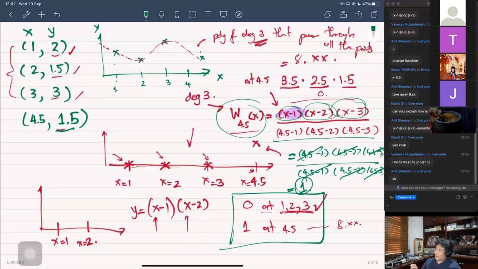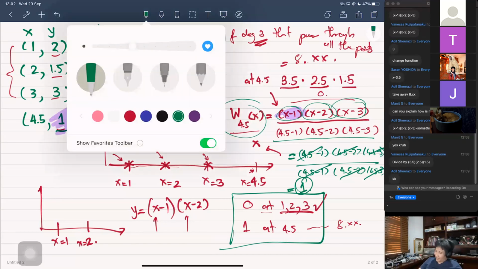Any questions? Okay. If not, let's make the problem a little bit harder. What we want is not exactly 1 at 4.5. That's why I changed it. What we want is 1.5 at 4.5. What kind of polynomial does this? Instead of 1, I want 1.5.